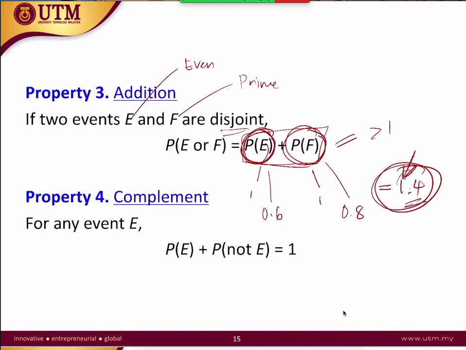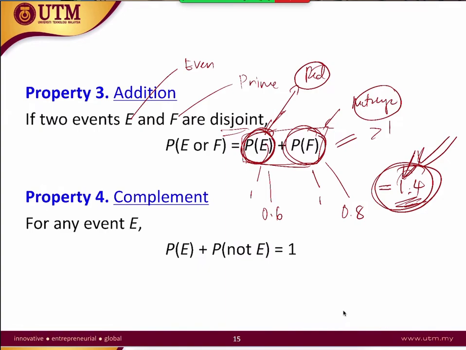This is allowed, but the rule is it has to be two totally different events. For example, this is the probability of students wearing a red shirt, and this is the probability of students riding a motorcycle. These are two totally different events, maybe of two different sample spaces. That's why it is allowed to have a result more than 1.